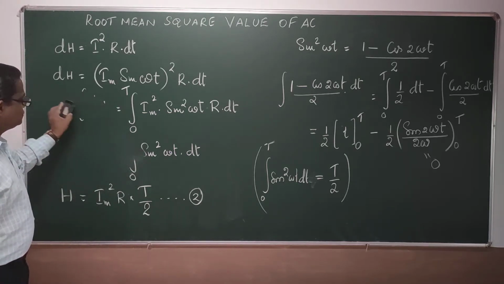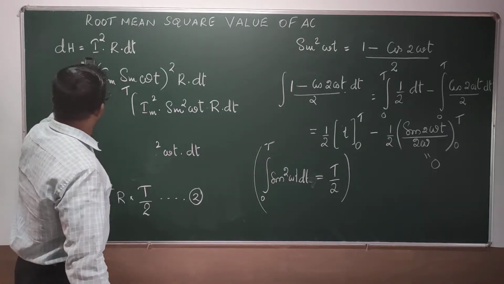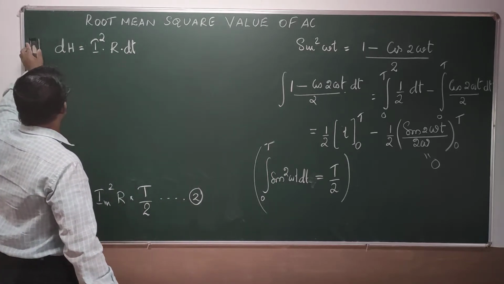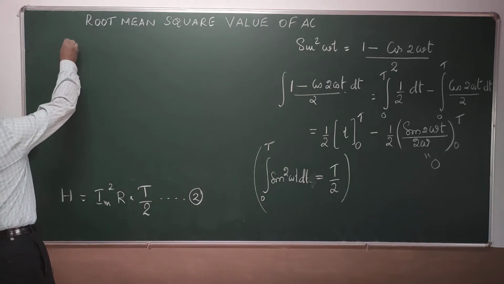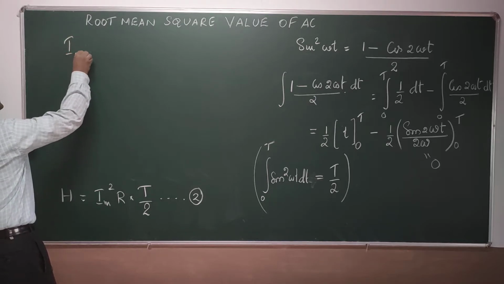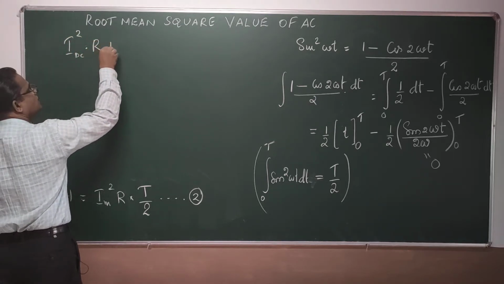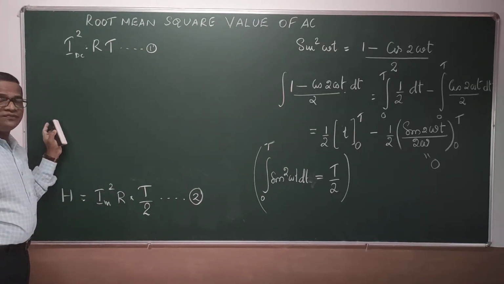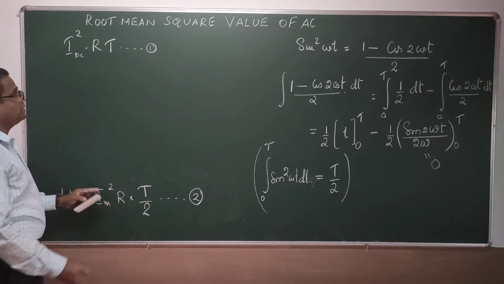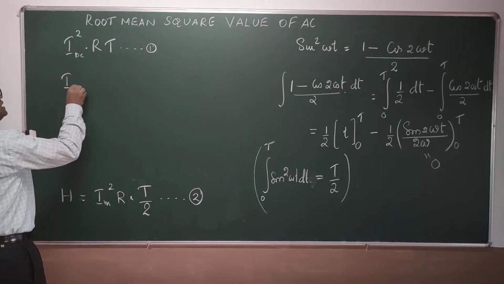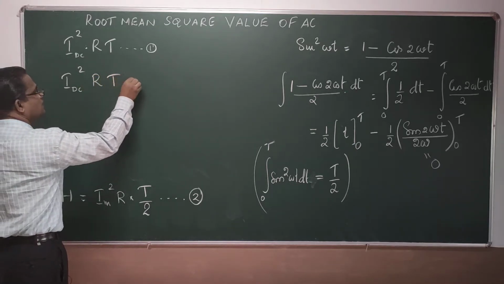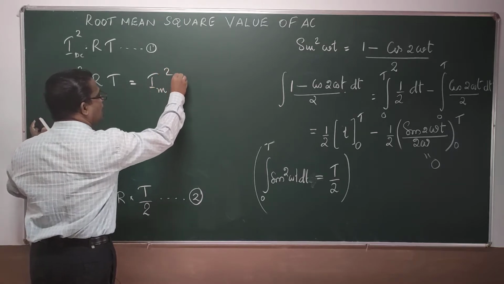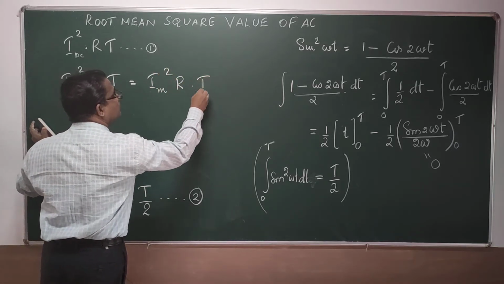Therefore, as you take that value and compare with the first equation, equation 1 was I dc square into R into T. This is the first equation, and as per definition, this and this are to be the same. That means I dc square R into T will be equal to I m square R into T by 2.